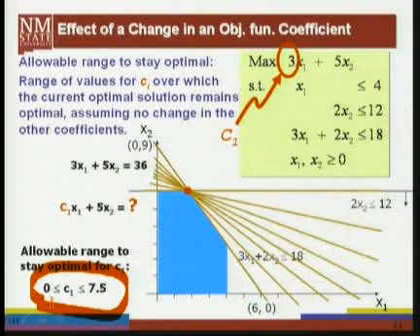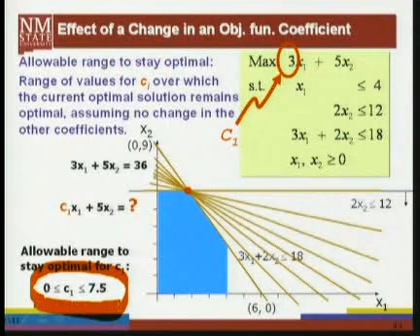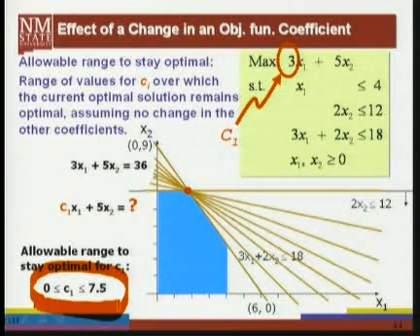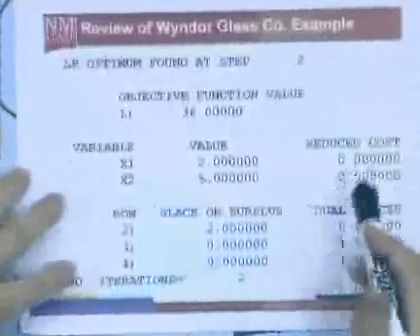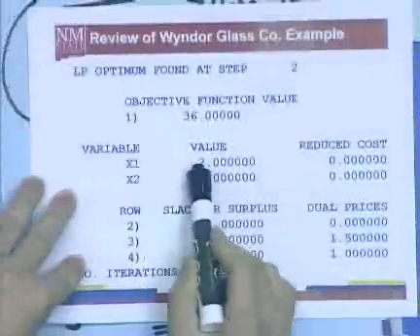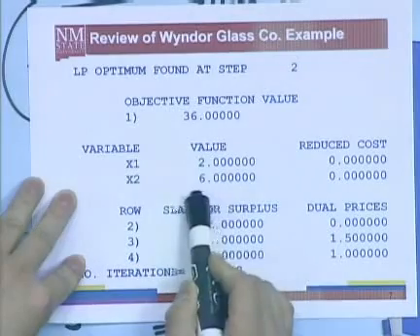Which means within these ranges, the window glass should still manufacture how many? 2 doors and 6 windows, right? If you look at this, the window glass should manufacture 2 doors and 6 windows, right?